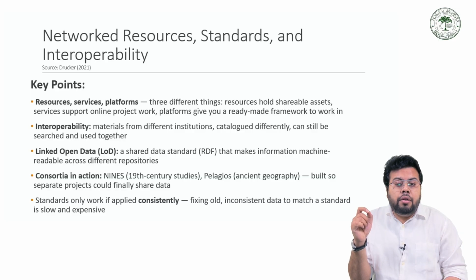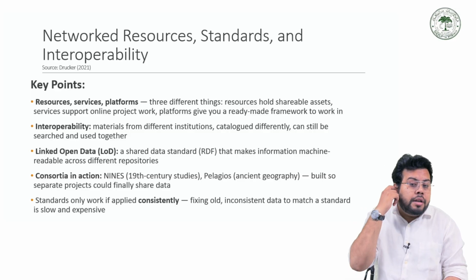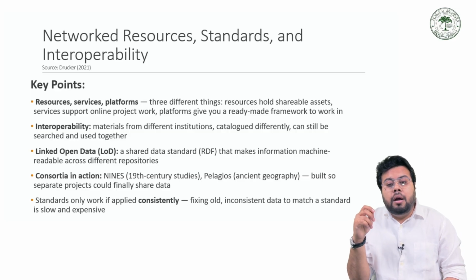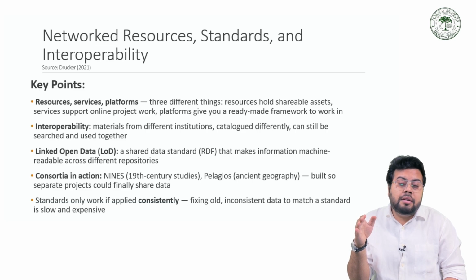Now, one last thing on the final point here. Standards only work if everyone applies them consistently, and fixing old inconsistent data to match a new standard is slow and genuinely expensive. You don't need to become a metadata specialist. Just remember why these standards exist and what problem they solve.